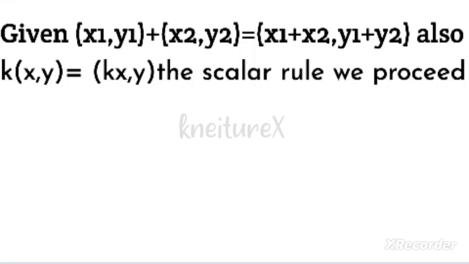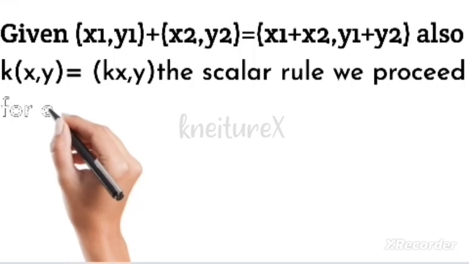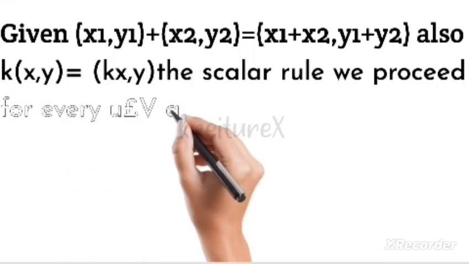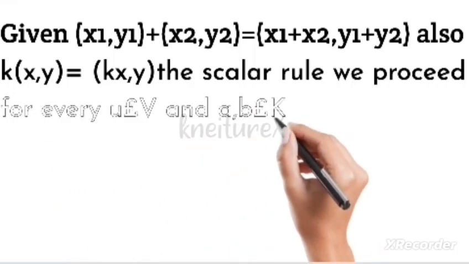You will have something like x2 plus x1 on the right side, y2 plus y1, which is the same thing as x1 plus x2 and y1 plus y2. So we can say that it is commutative. But this does not mean it is a vector space. It has to obey the other 9 properties, the other 9 conditions.